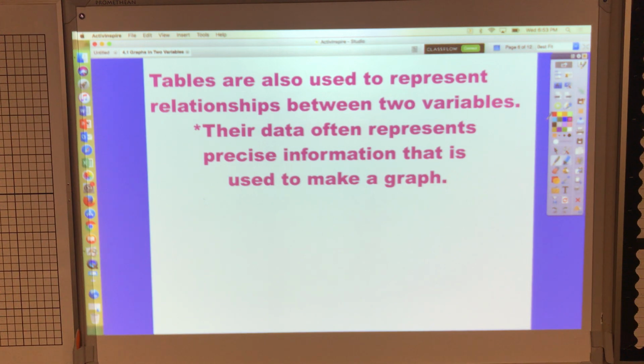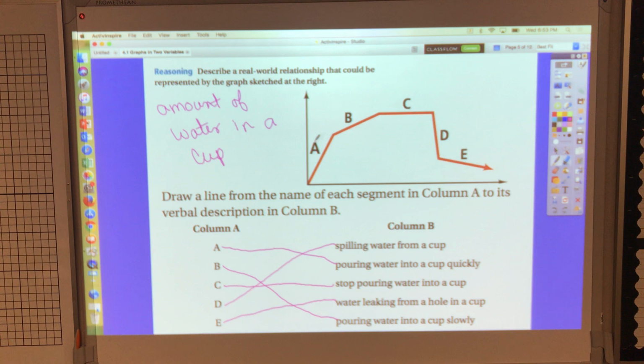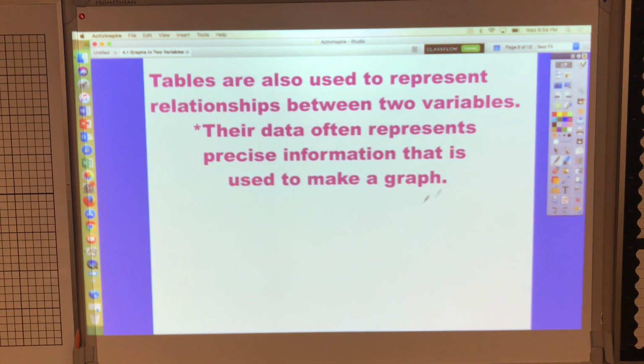So it would be those points. If I think back about that last graph we did, a table might tell us this starting point, this point, this point, this point here, to tell us these are the changes in our graph. We could find that precise information in a table.